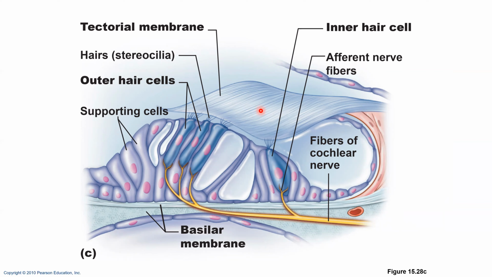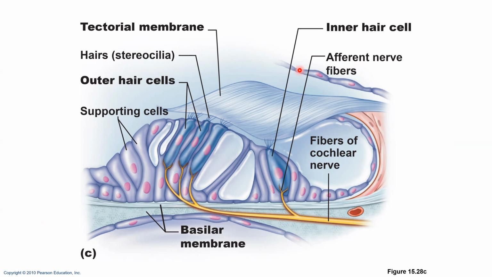As I said, we're going to cover physiology later, but when a sound wave comes, it vibrates the tympanic membrane and your ossicles, and then it vibrates the perilymph in the scala vestibuli, the top tube.